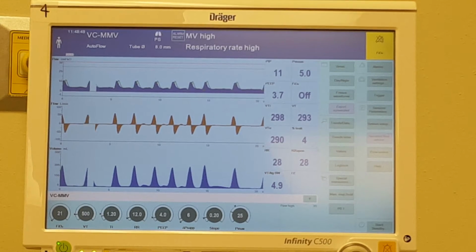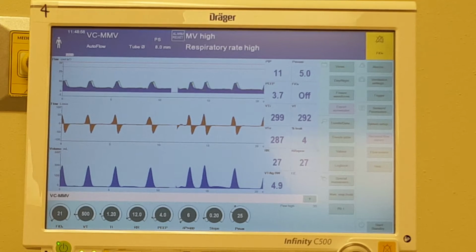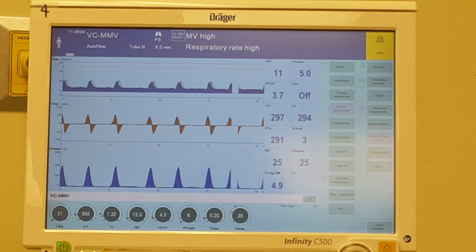But anything from, my rates have varied over 20 now, but even when I get them back down to about 19, 20, 22, you'll see there's no machine breaths at all, just spontaneous.